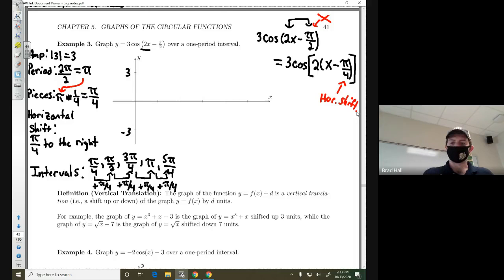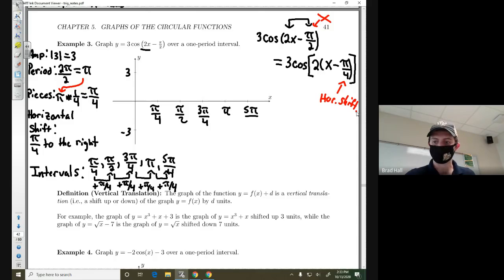So that means our interval is not starting at 0. We're starting to the right over here at pi over 4, and then pi over 2, 3 pi over 4, pi, 5 pi over 4. So when we start tracing out the dots, we're going to start at pi over 4. Now this is a cosine function with no reflection, so it's going to be the cup shape.